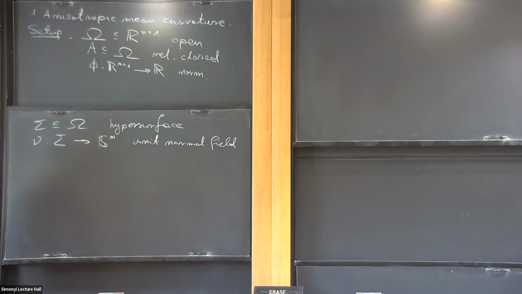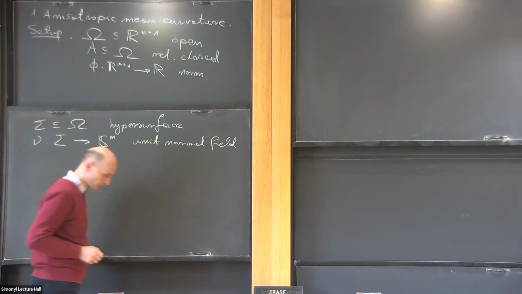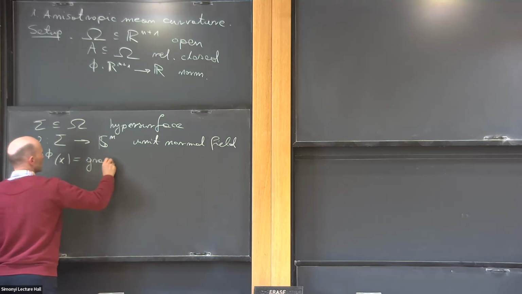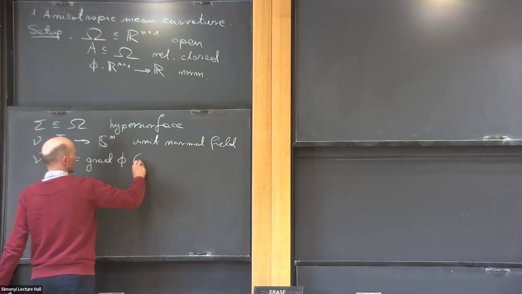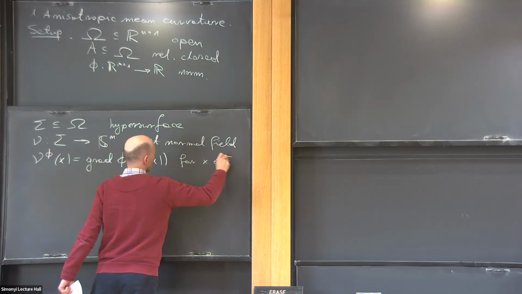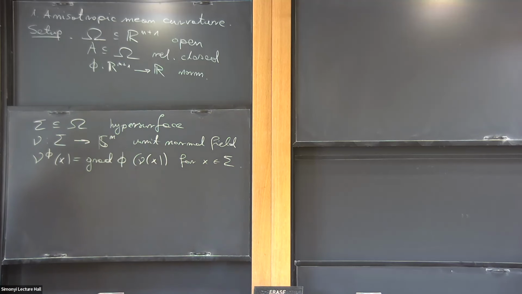Having that, we define something that I call the Phi normal, sometimes called the Cahn-Hoffman normal. I denote it by nu_Phi(x) equals grad Phi of nu(x), for x in Sigma. So this is what I call the Phi normal.